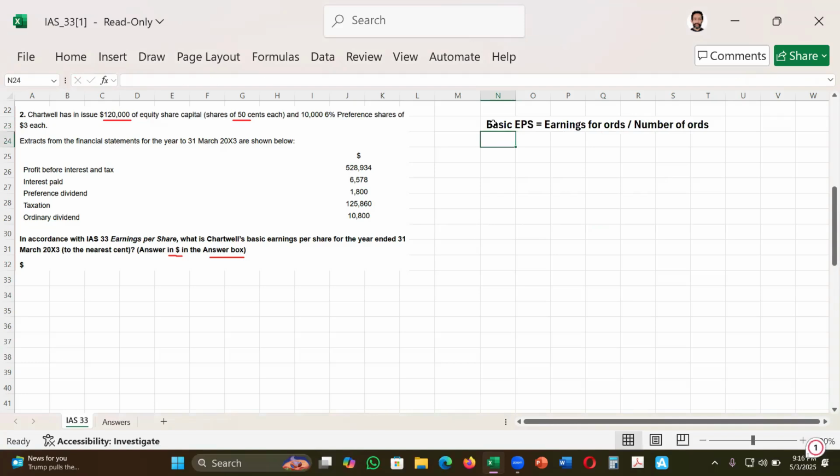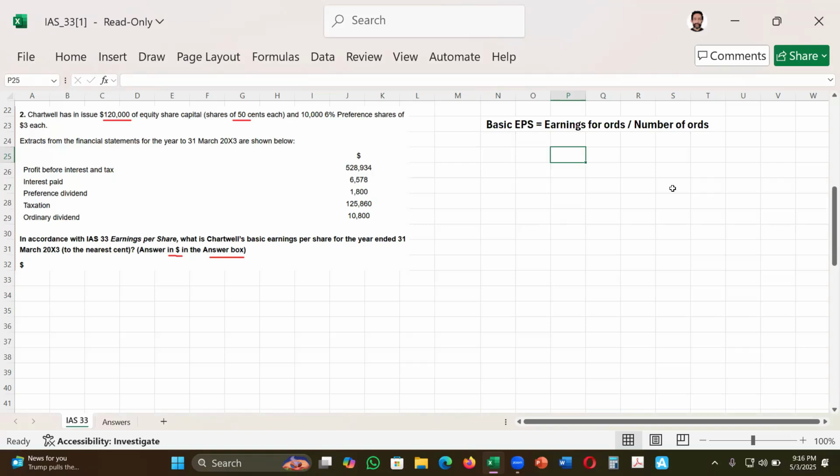So this is the formula, okay? The earnings is something which is before dividend for the ordinary shareholders. So it is after deducting everything, like the interest, like the tax, like the preference share dividend as well, okay?